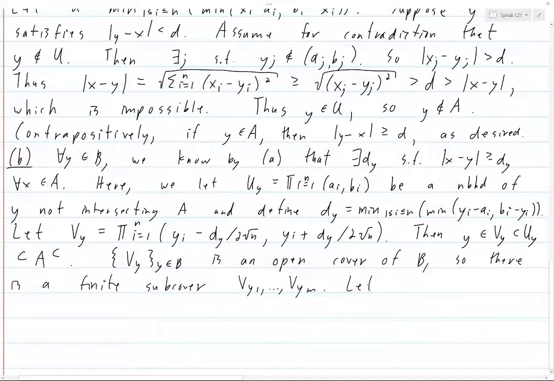Now we're going to let D be a positive number which is less than 1/2 times the minimum over all j between 1 and m of dyj.